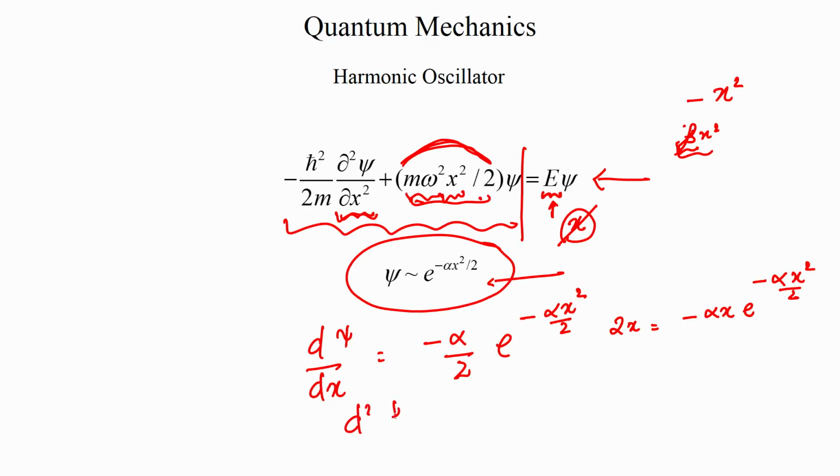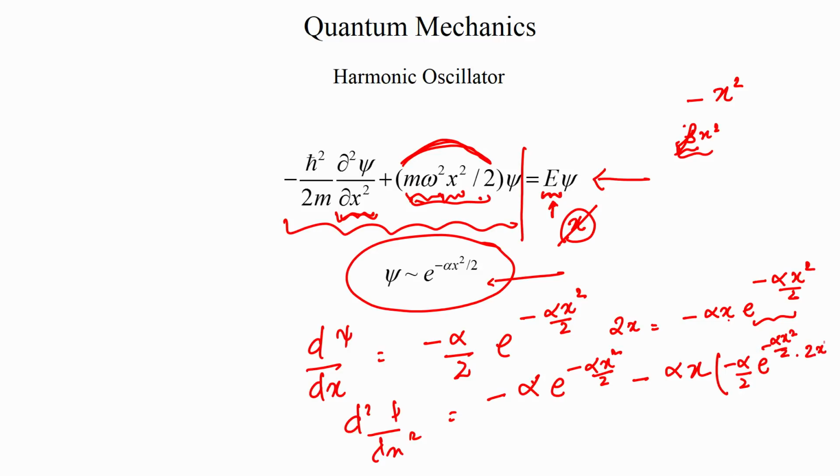What is d square psi by dx square? D square psi by dx square is minus, so you first take the differential of the x, so it is minus alpha e to the power minus alpha x square by 2, minus alpha x, and you again differentiate this term once more, and you will end up with minus alpha by 2 e to the power minus alpha x square by 2 into 2x.